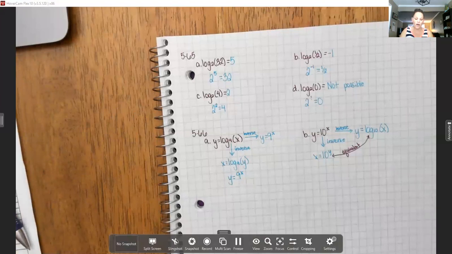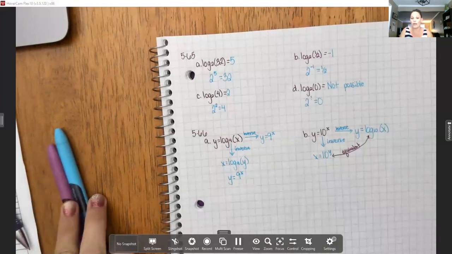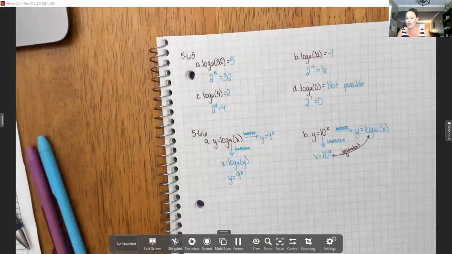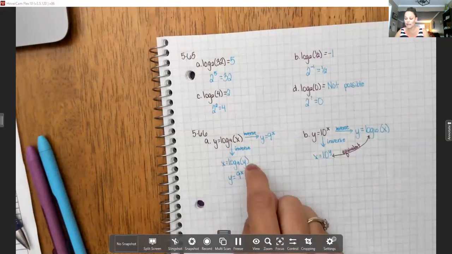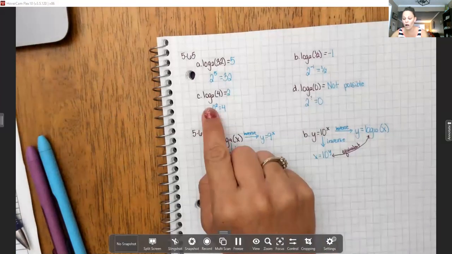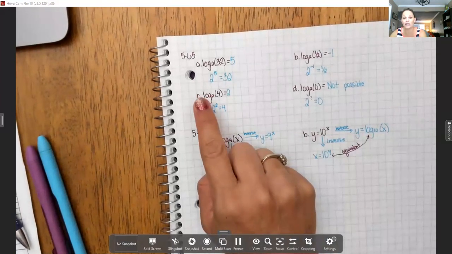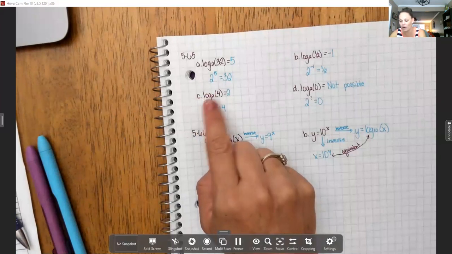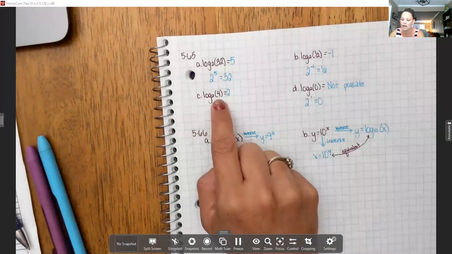So I know that was a lot. What you should be walking away with today is knowing that logs and exponentials are inverses. And what a log is, you're asking yourself, how many times do I have to multiply the base together to give me that number inside the parentheses?